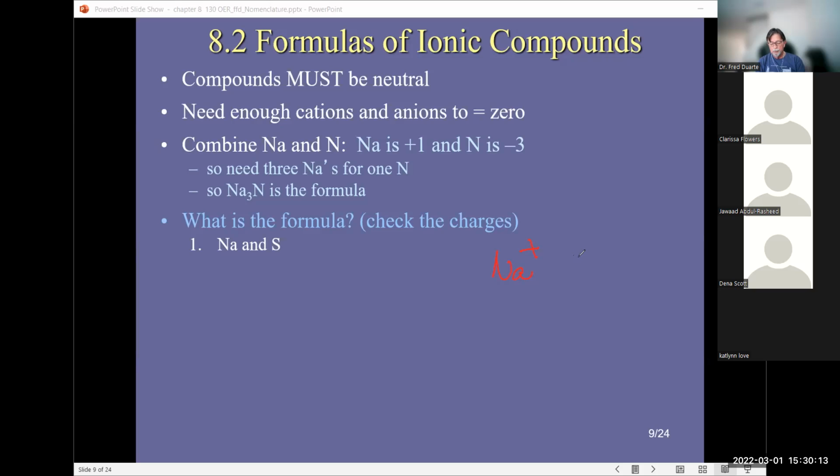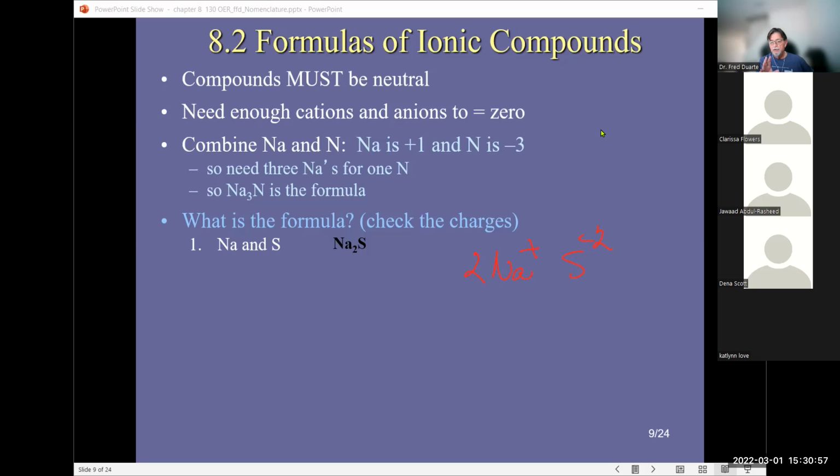And sulfur, which is in group 6A, when it becomes an ion, its oxidation number changes to a -2 because it picked up 2 electrons. It's a nonmetal, okay? It's striving to get the octet. So similar exercise, that shows me that I need 2 sodiums for every sulfide. And therefore our formula becomes Na2S. Name, I'll write the names down here in a moment, but this is called sodium sulfide.